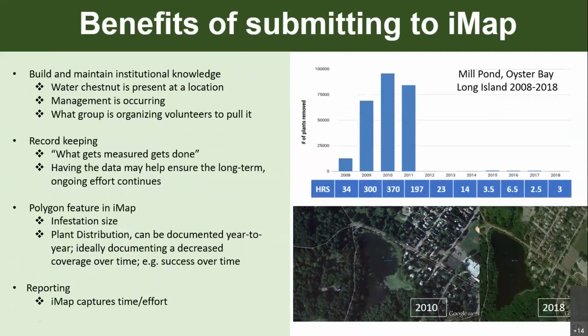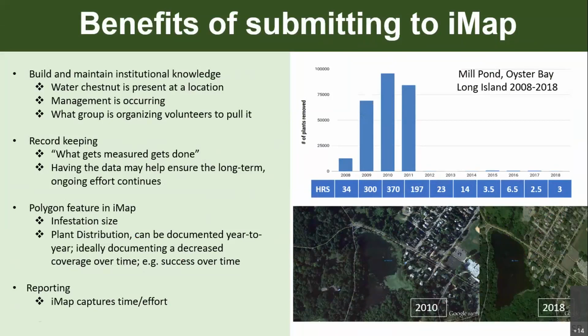So in terms of submitting to iMap, it's important to build and maintain institutional knowledge. So for your particular site or your particular group, you can have those data in a centralized location, in which case, if there's turnover or additional people come on, it's easy enough to go back to those different data sets.